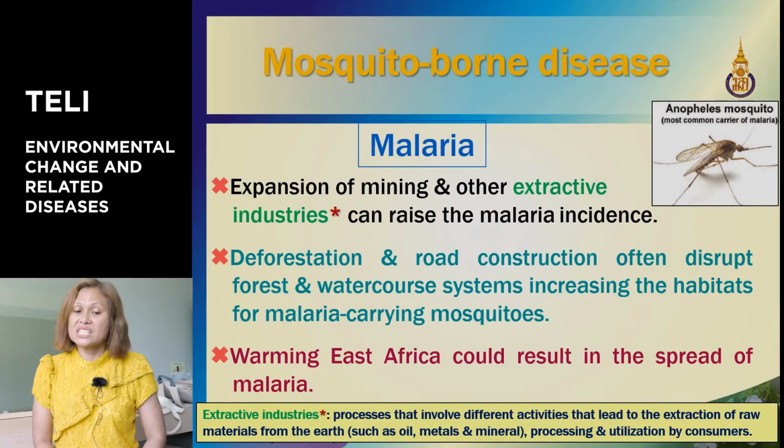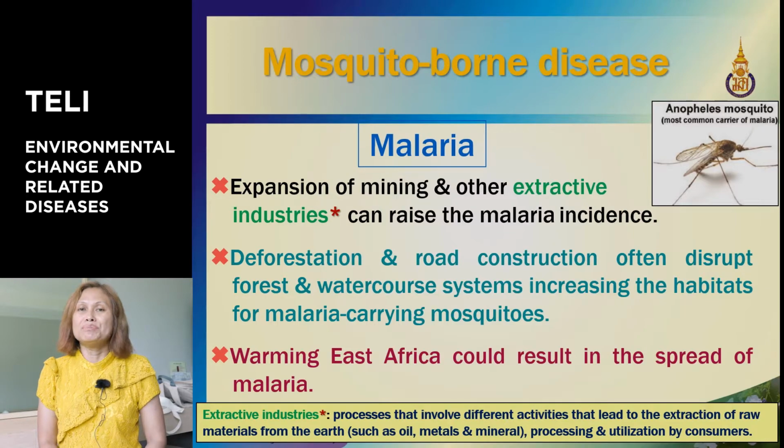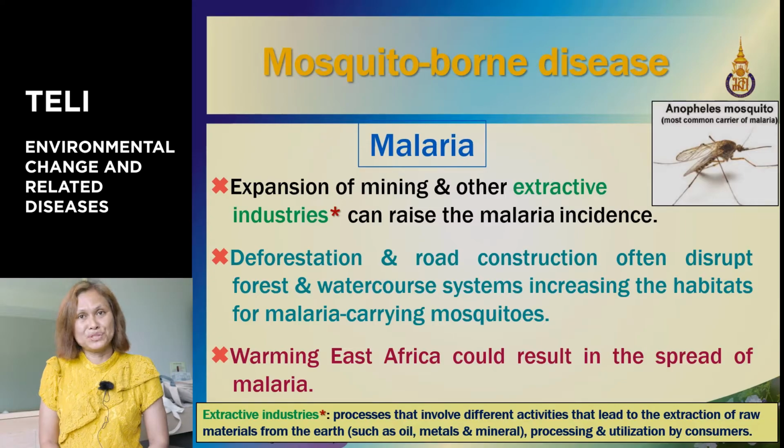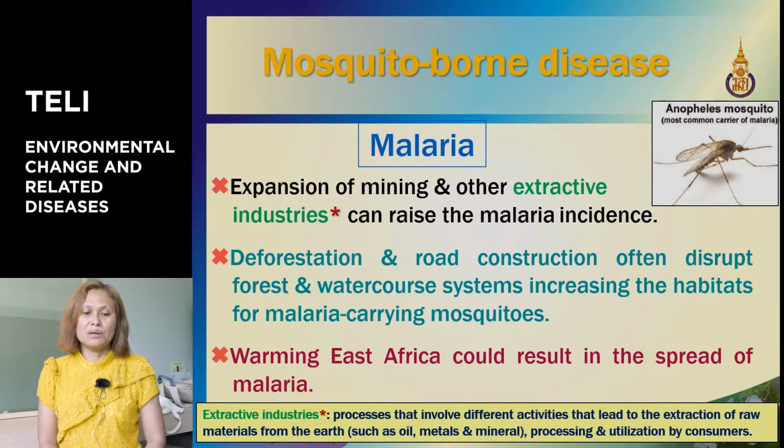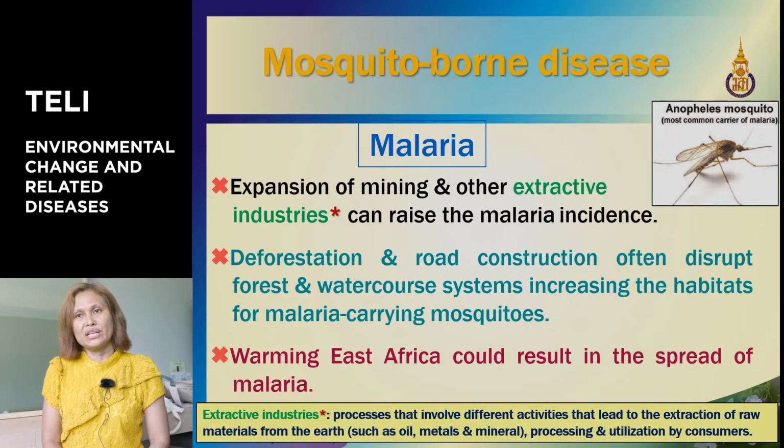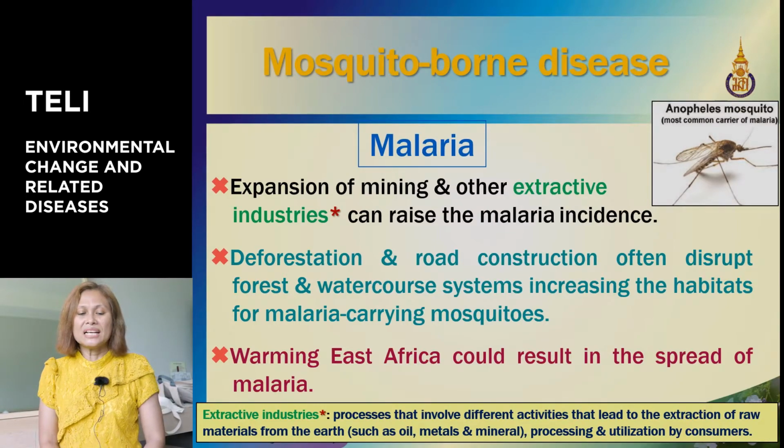Another well-known example of mosquito-borne disease is malaria. Researchers have reported the following data on malaria and environmental change. The first, expansion of mining and other active industries such as fishery and oil drilling can increase malaria infection.